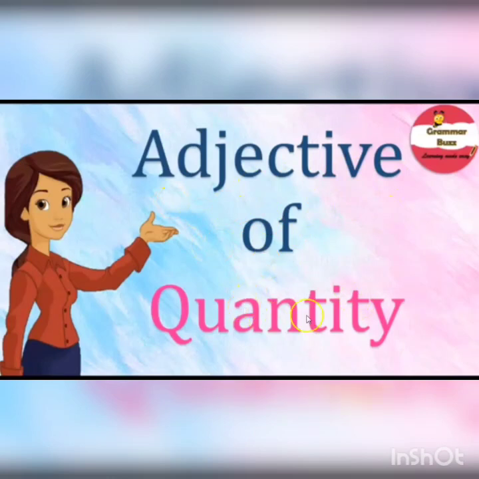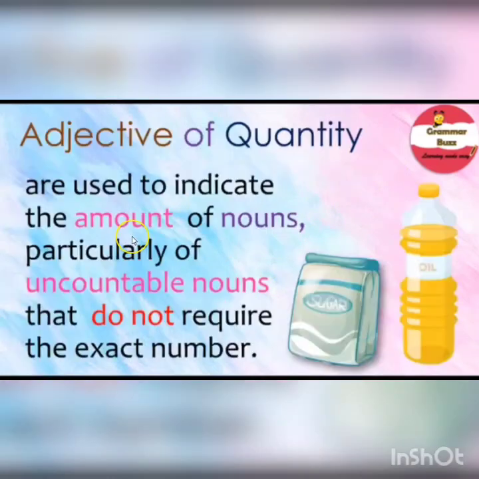What is the second one? Adjective of quantity. Now adjective of quantity, children, is used normally to indicate the amount of nouns, especially uncountable nouns. Things which you cannot count in numbers, you count in measurements. For example, a little water, a glass of water, you don't count in a specific number, you just count in measurements.